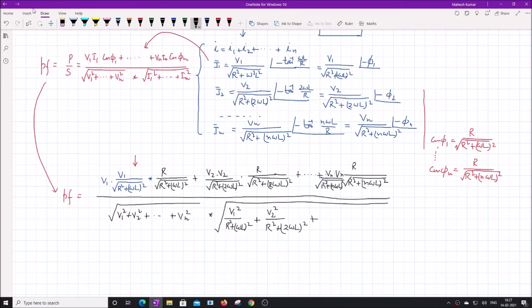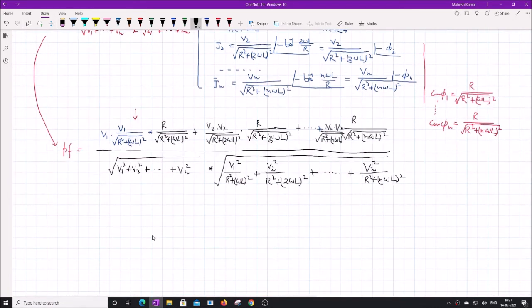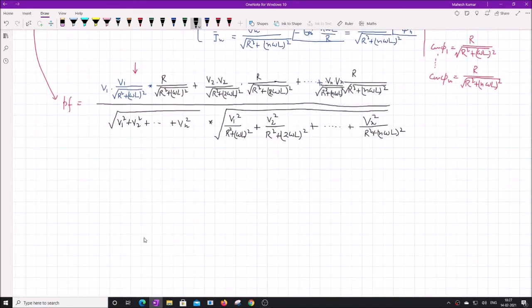This goes till the nth component, Vn squared by R squared plus (nωL) squared. This is the complete expression for power factor for the RL load.